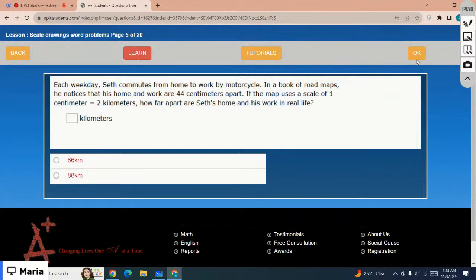If the map uses a scale of 1 centimeter equal 2 kilometers, how far apart are Seth's home and his work in real life? The scale you have to use is 1 centimeter equal 2 kilometers. So which is the correct option?